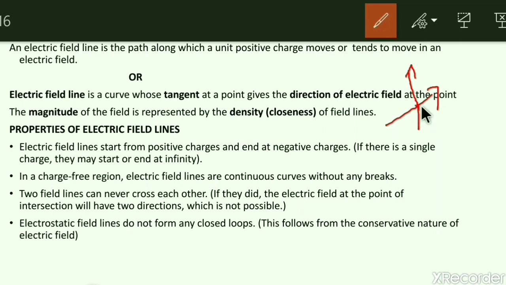At the same time it cannot have two directions to move. That is the meaning of this property: two field lines can never cross each other. If they do so, they have two directions, which is not possible. At one point of time an electron can move in only one direction. To explain this, we have to write that the electric field at the point of intersection will have two directions, which is not possible.